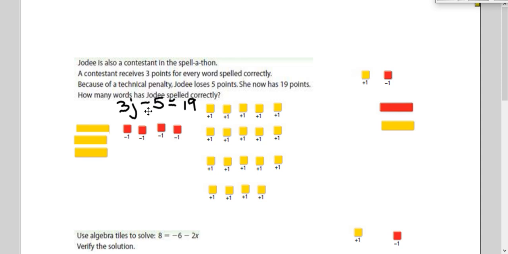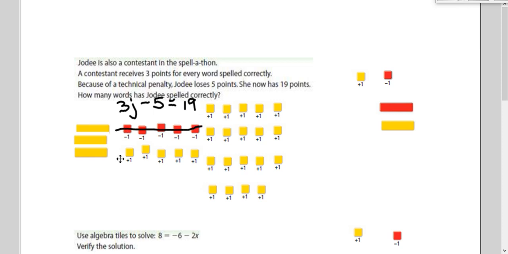So the first thing that I need to do is move and zero out these red ones, okay? So what we're going to do is add 5 of these guys to create, oh, I noticed that there's only 4 there. 5 of these. Let's get that there. So then these guys zero out.